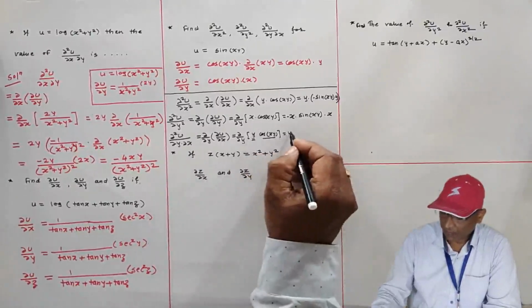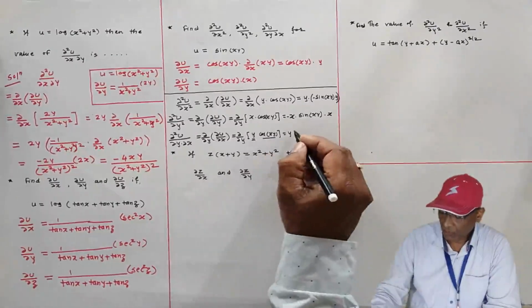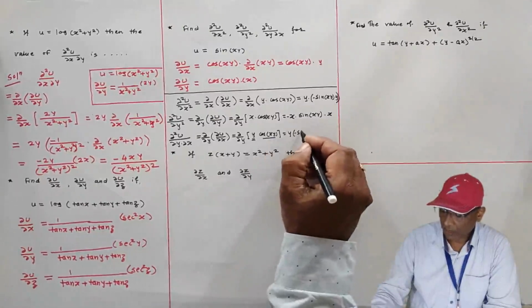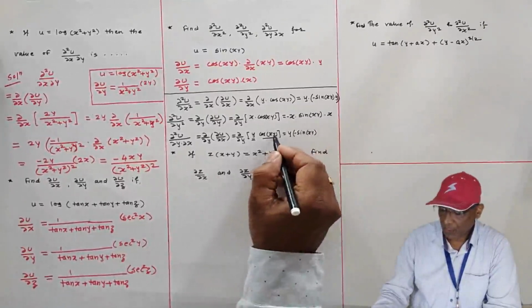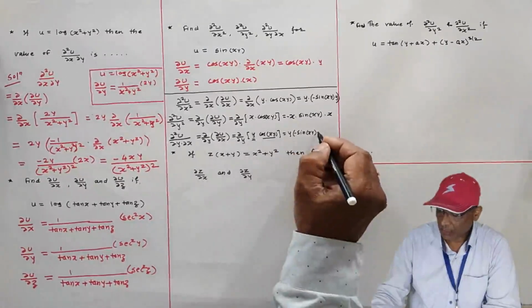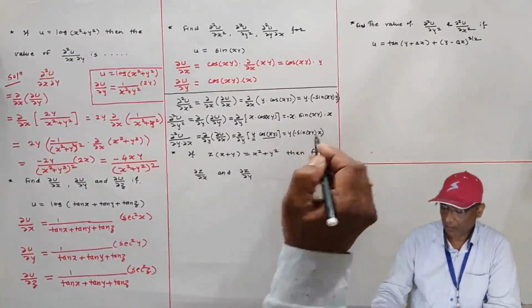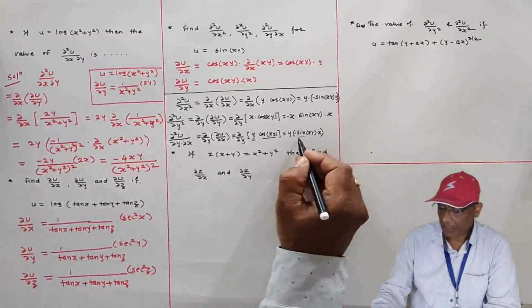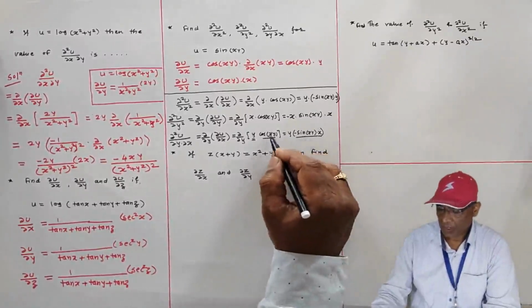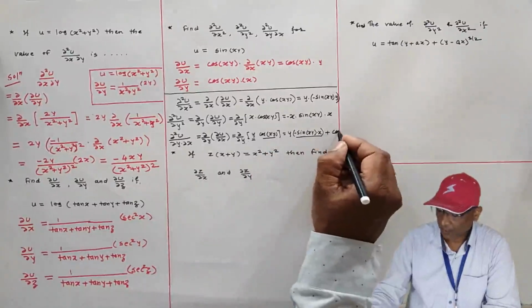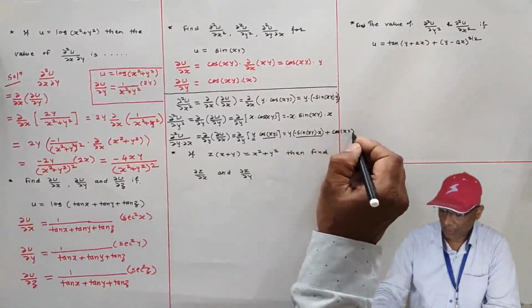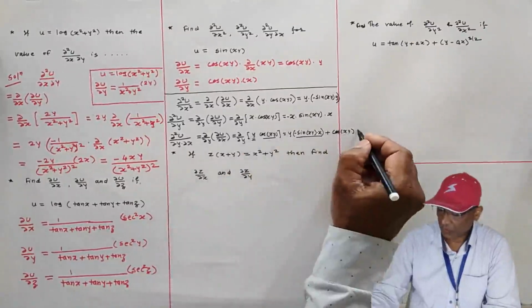First function, derivative of cos is minus sin, and derivative of xy with respect to y is x. This complete bracket is the derivative of cos xy with respect to y, plus cos xy and derivative of y with respect to y is 1.